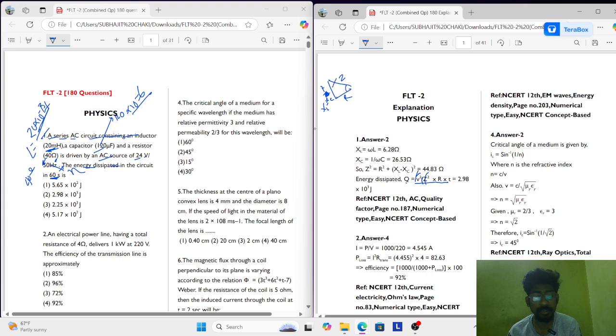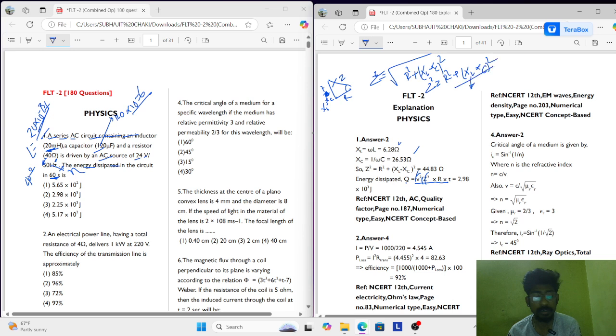So from this you can calculate Z, or Z square. The formula of Z is root over R² plus (XL minus XC) whole square, so Z² equals R² plus (XL minus XC) whole square.